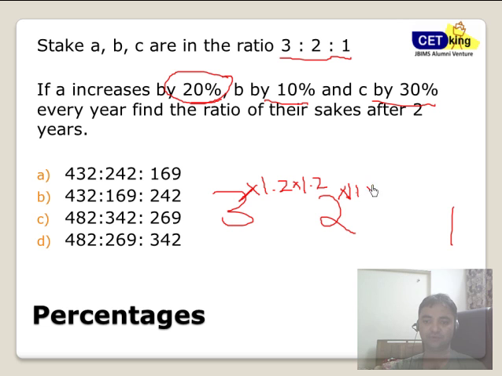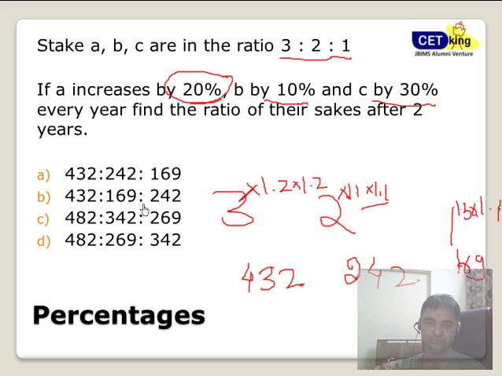B increased by 10% for 2 years, 1.1, 1.1. And C increased by 30% every year, so 1.3, 1.3. 13 square is 169, 11 square is 121, double is 242, and 3 into 144 is 432. So option A. Again, 30 to 40 seconds to solve this question.